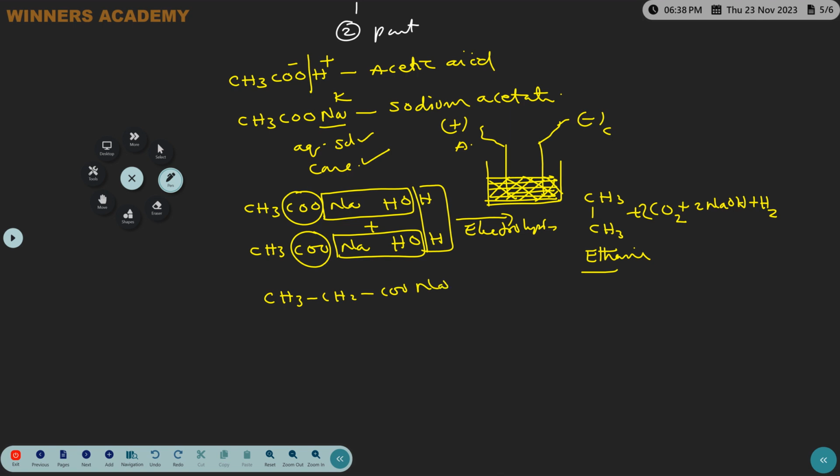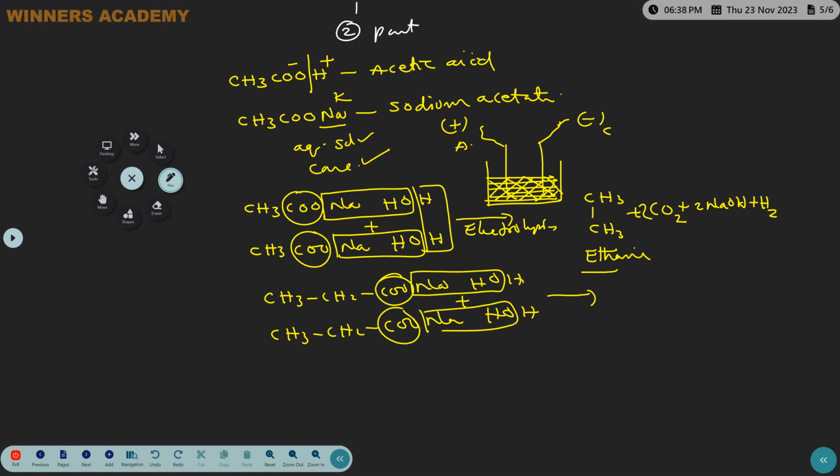Which compound is formed? Two molecules join together, plus HOH, water, giving rise to 2 CO2, 2 NaOH and H2. Again, this CH3CH2 attaches with the other CH2CH3, and butane is formed.